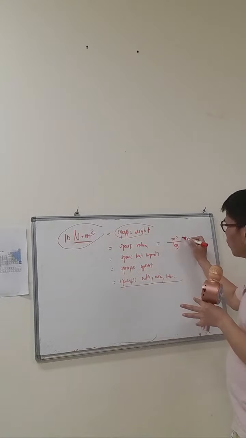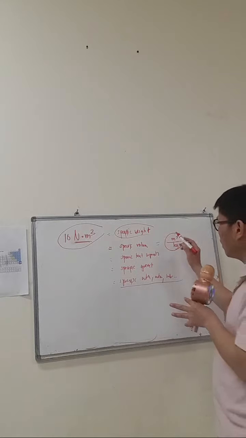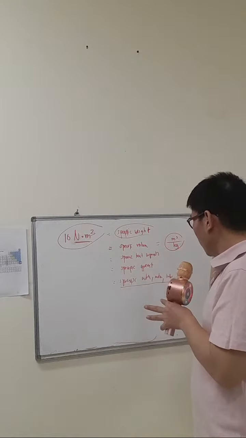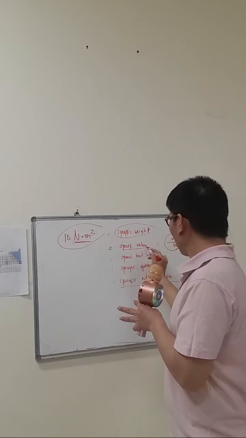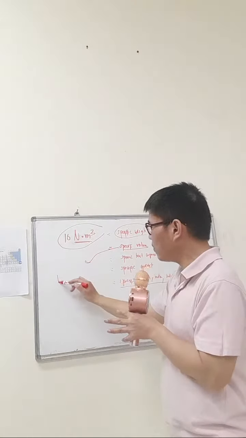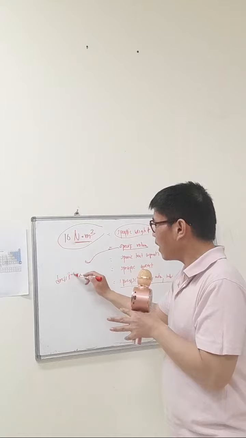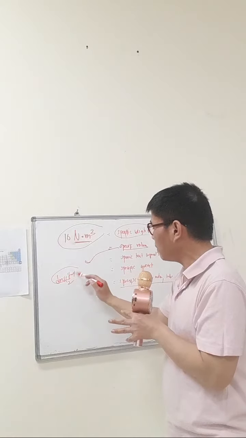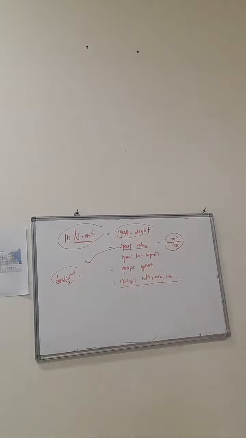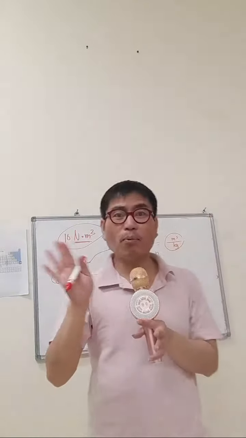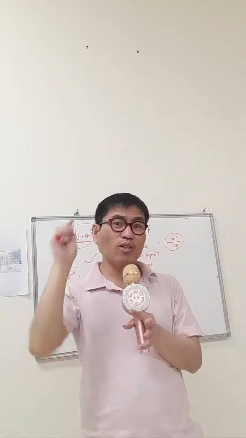So cubic meter per kilogram, because the reverse of the specific volume is the density. I remember this came out in the board examination: blank is the reciprocal of density. The question is very easy.